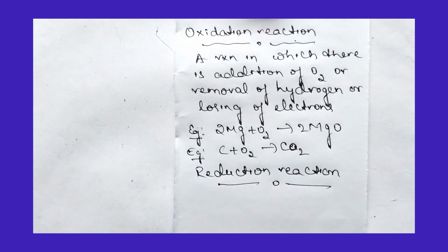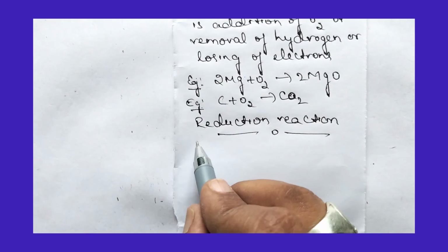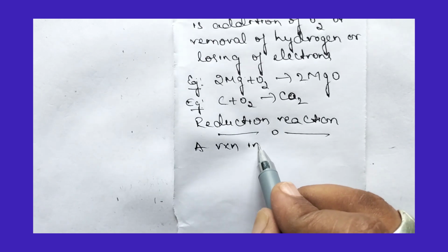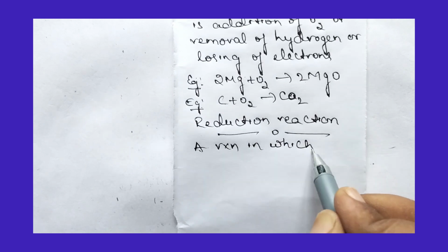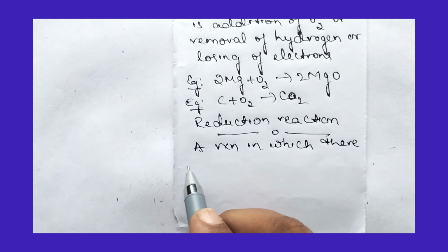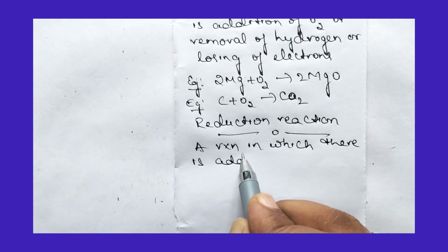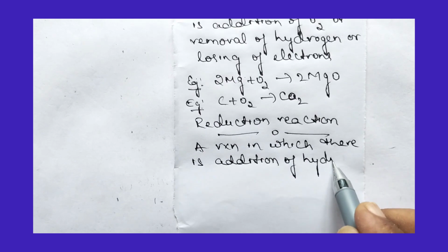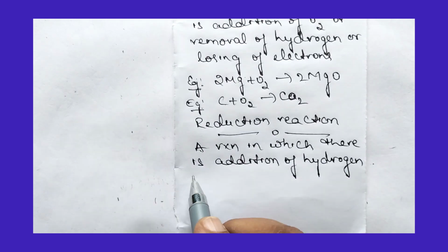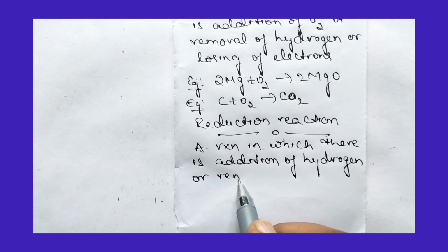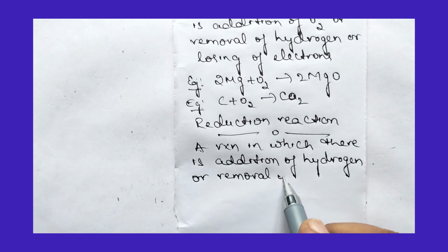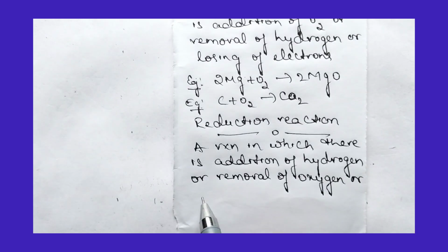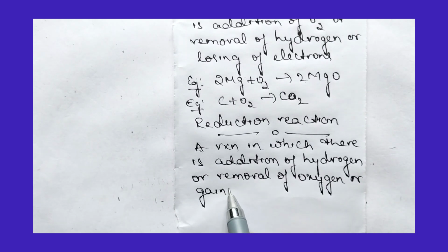So what is meant by reduction reaction? A reaction just opposite to oxidation. A reaction in which there is addition of hydrogen, or removal of oxygen, or gaining of electrons.